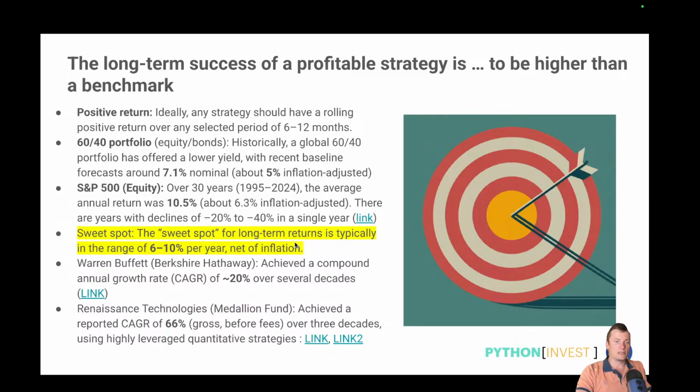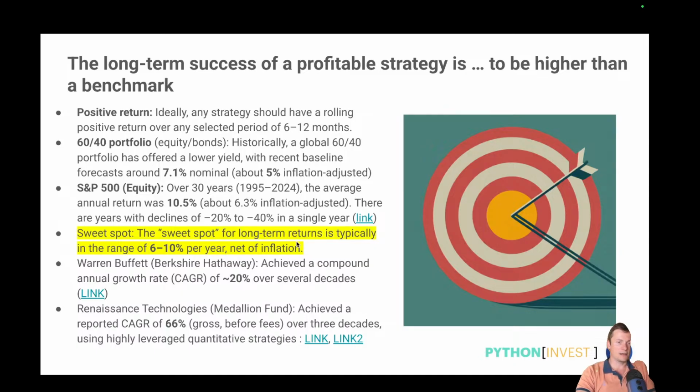And now comes the sweet spot. That's how I define a good rate of return for myself. If I have 6 to 10% per year net of inflation every single year, I treat this year as successful. And it's not 50%, it's not 30%.